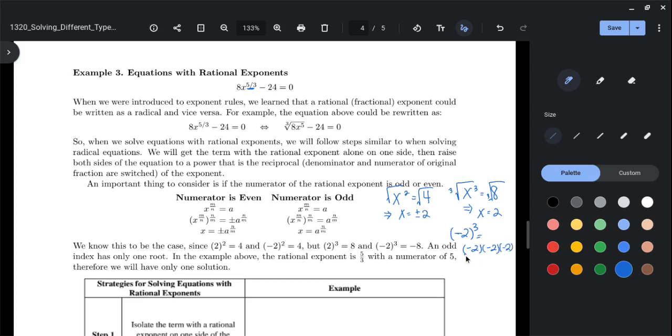Negative 2 times negative 2 gets us a positive 4. But when we multiply that by a negative 2, we end up getting a negative 8 as our final answer, which is not what we started with. We started with a positive 8. So when the numerator is odd, so when the power we're raising our term to is odd, we only get the positive solution.